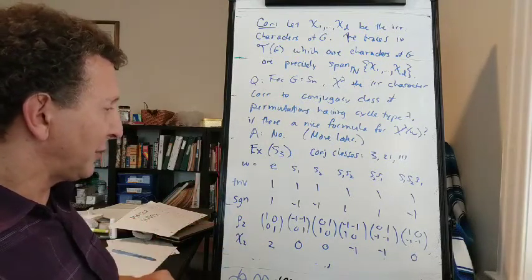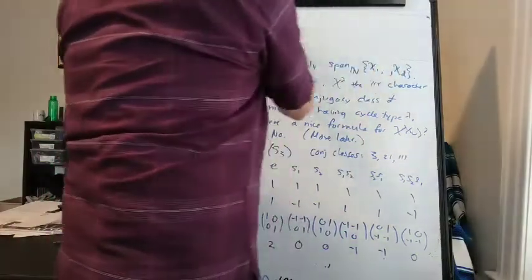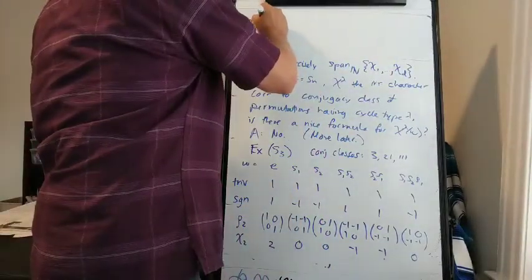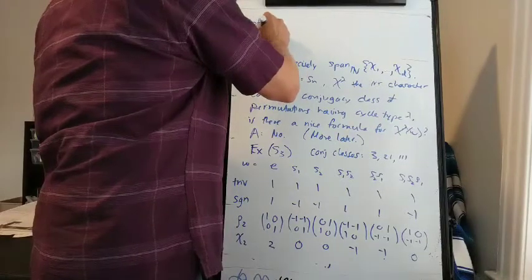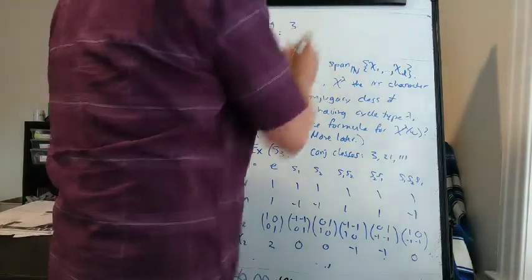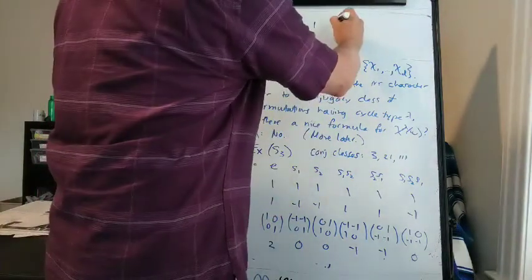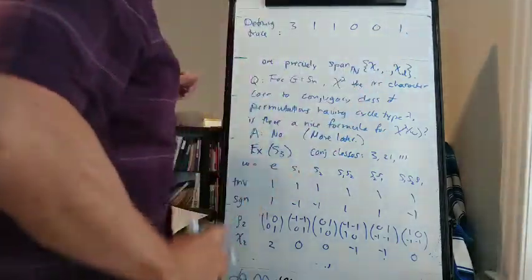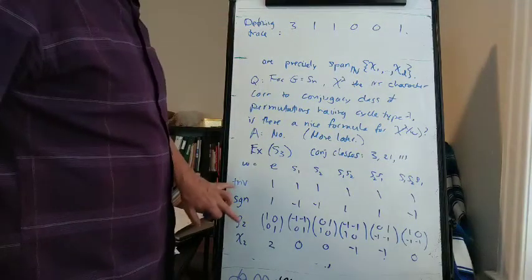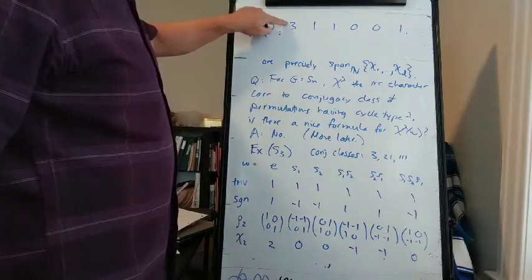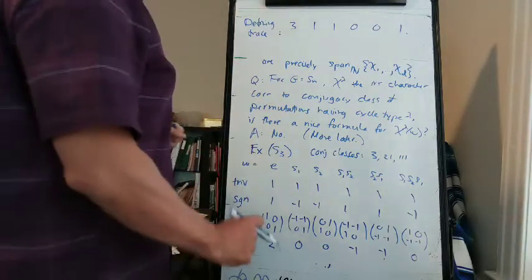So here's 3 irreducible representations. And the defining representation trace was 3, 1, 1, 0, 0, 1. Now, if you believe me that these are the 3 irreducible traces of S3, then this has to be a non-negative linear combination of those.